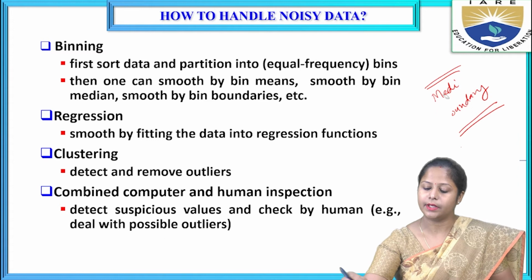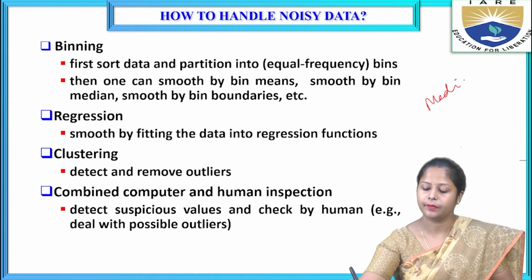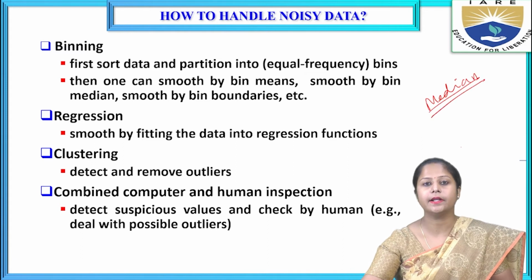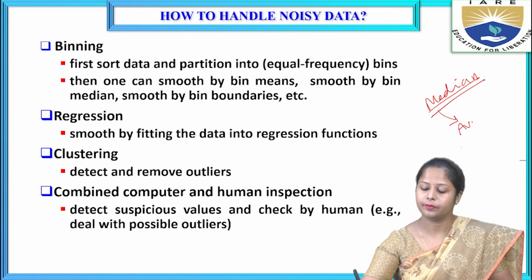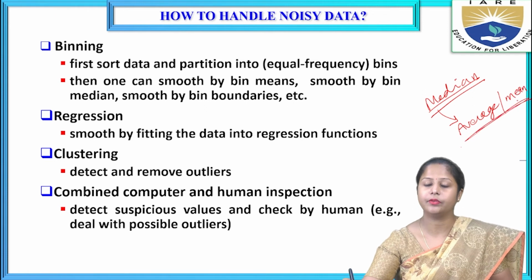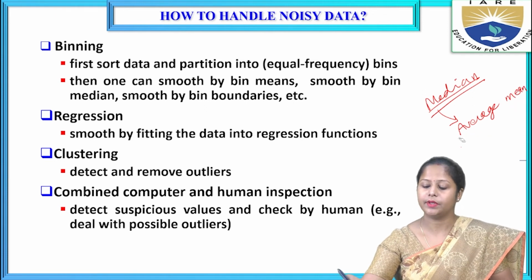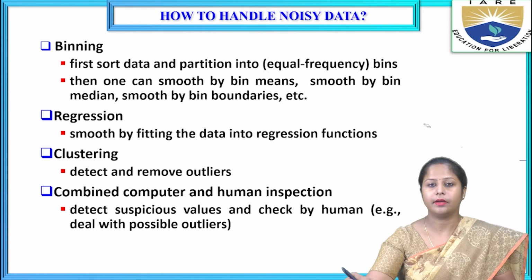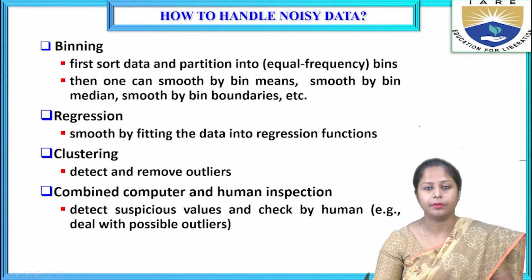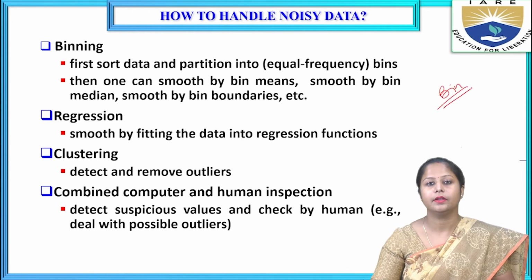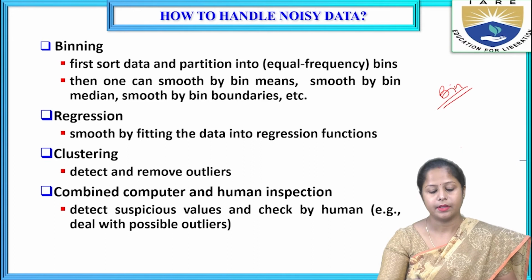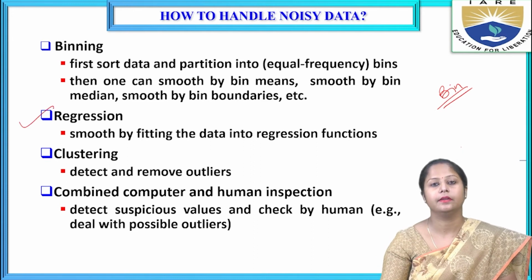So what is median here? Median is the central tendency measure to measure the average, the mean of some type of data. So we have to take the bin median, and we have to take the boundary of the bin while we are creating bins. The second method is regression.